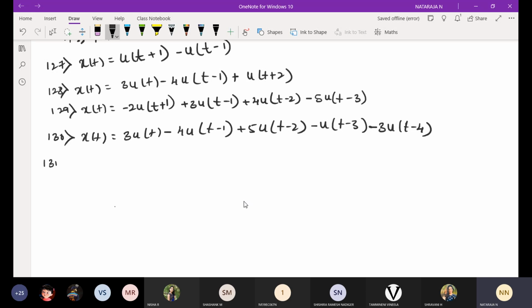You take next problem 131. Sketch the first derivative of the following.